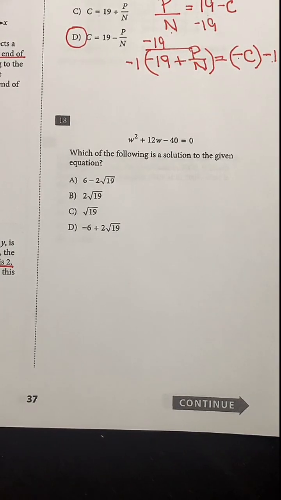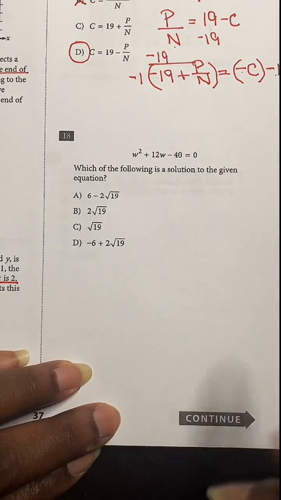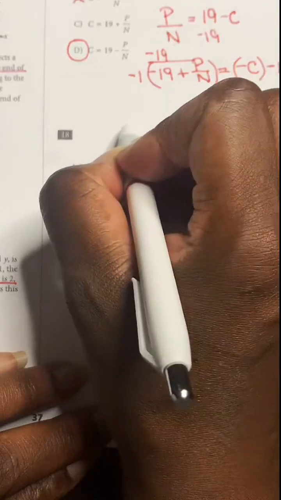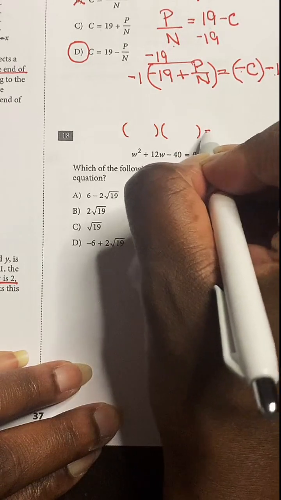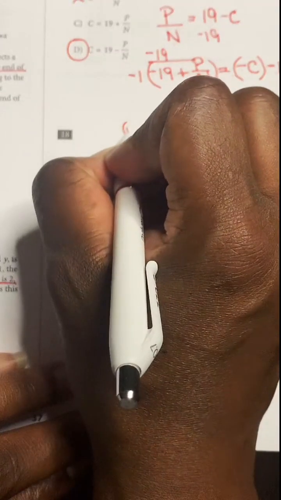So if I take a look, for those that want to do factoring, I notice if my leading coefficient is 1, most of the time I'll be like, all right, cool. Let me just go ahead and split it into 2 parentheses and set it equal to 0. So I can split my w's.